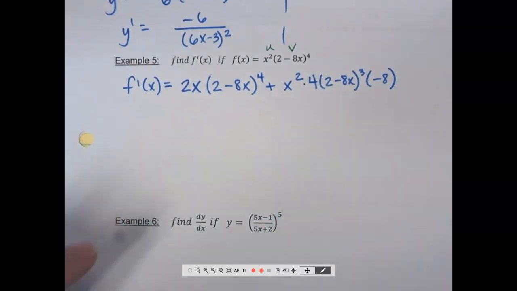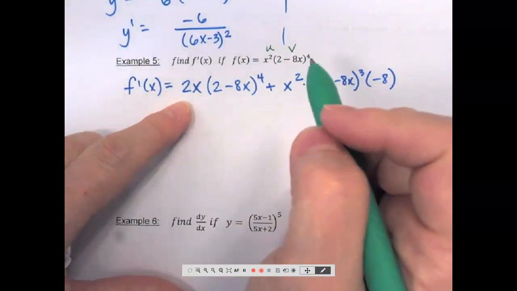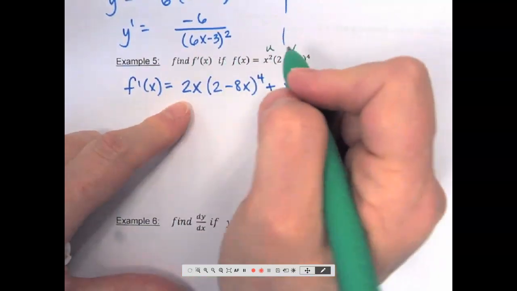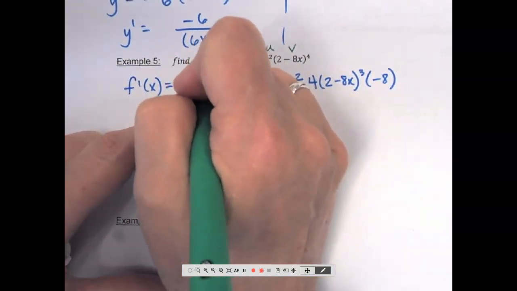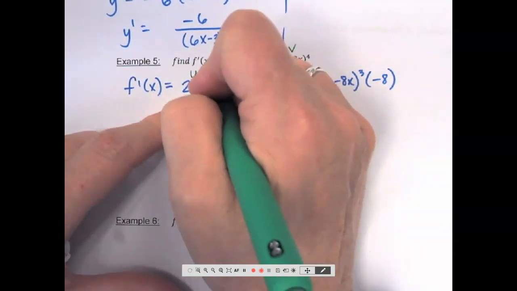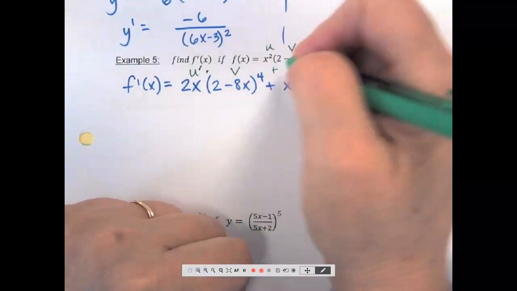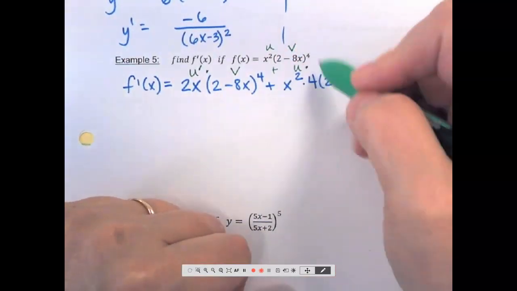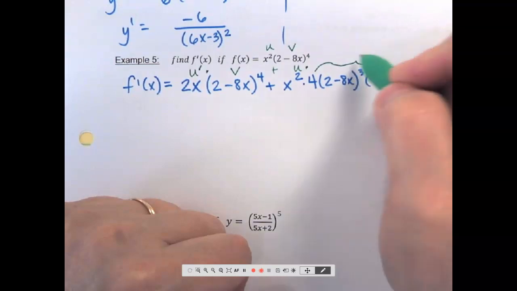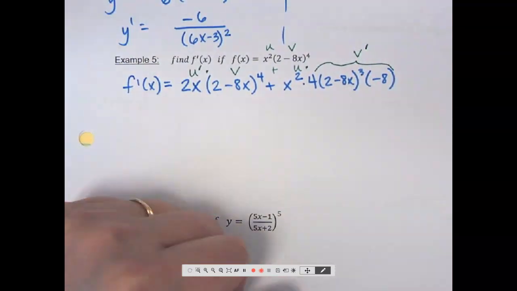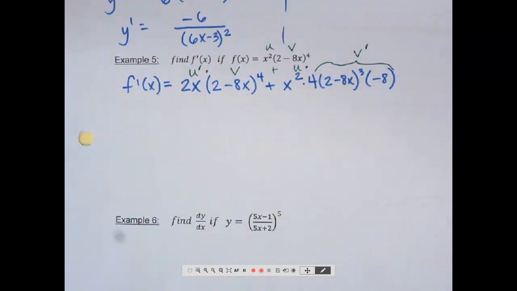Okay, let me write this all out. This is u prime times v. I think we're all okay with that part, right? Plus u times all of this, v prime, all over 2 minus 8x to the 8. Yes, I do have a denominator.